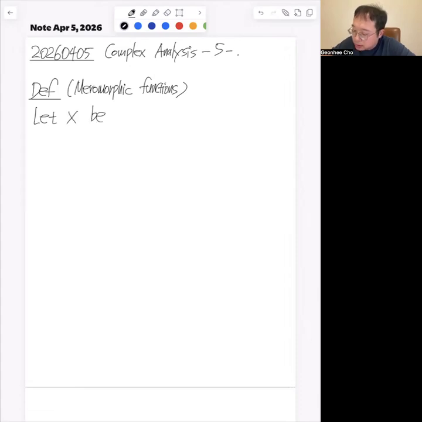we will focus on compact Riemann surface. And briefly writing, from now on, let me simply just write compact Riemann surface in this way.